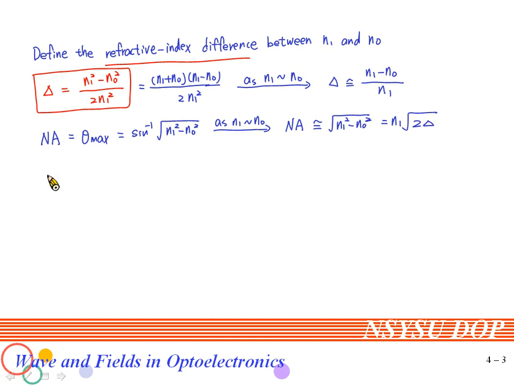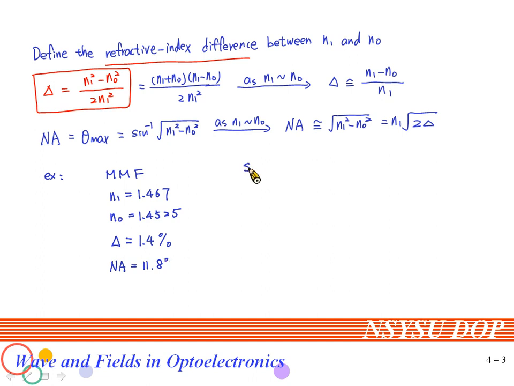Here I will show you two examples. Consider a multimode fiber. We have the core index N1 to be 1.467 and the cladding index to be 1.4525. For such a multimode fiber, the refractive index difference is 1.4%, and we obtain the numerical aperture to be 11.8 degrees.